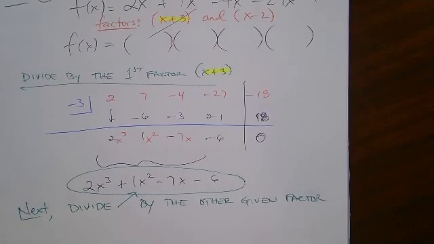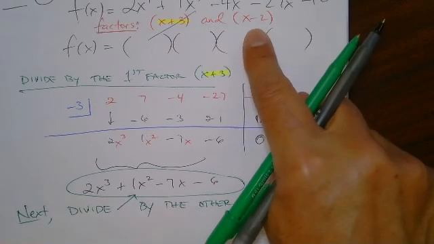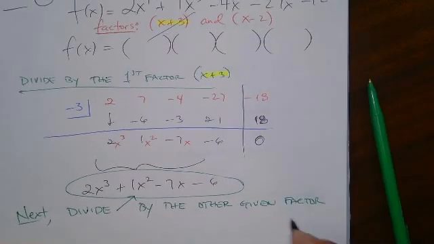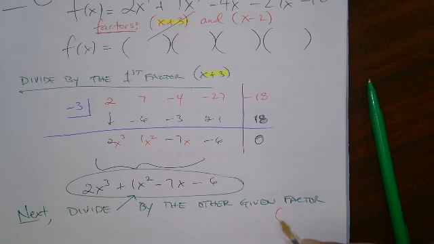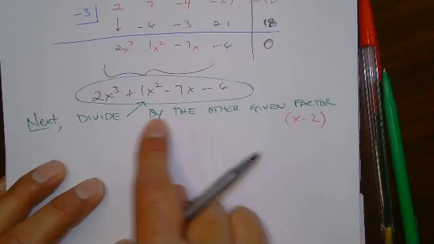Does that make sense? What's the other given factor? X minus 2? They give you 2 of them, didn't they? Now divide by the next one, the x minus 2.